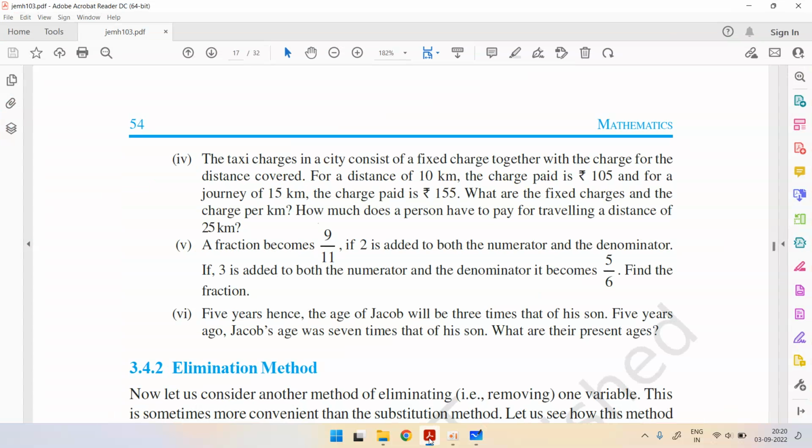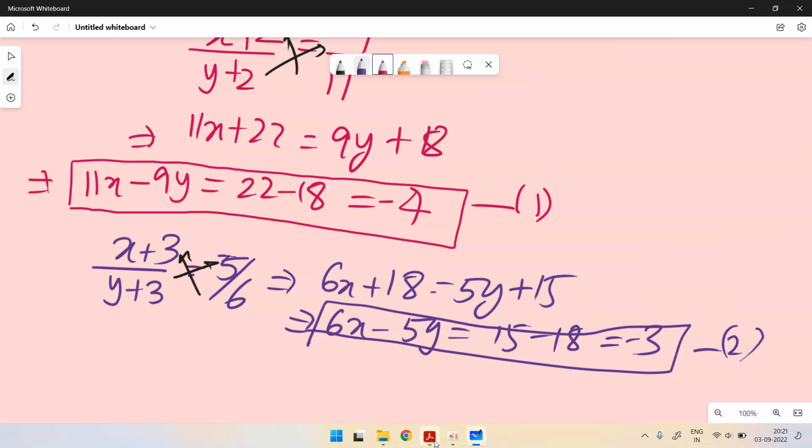Now next is sixth. 5 years hence, that is 5 years from now, the age of Jacob will be 3 times that of his son. 5 years ago, Jacob's age was 7 times his son's. Find the present ages. So what we need to find is the present ages of both Jacob and his son.